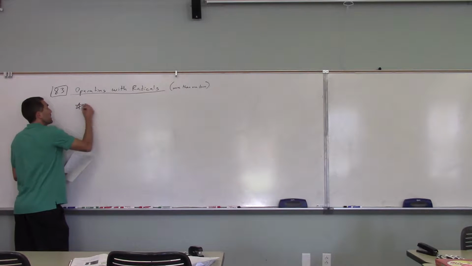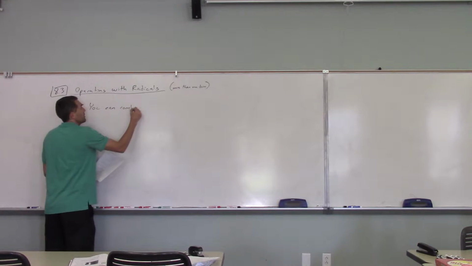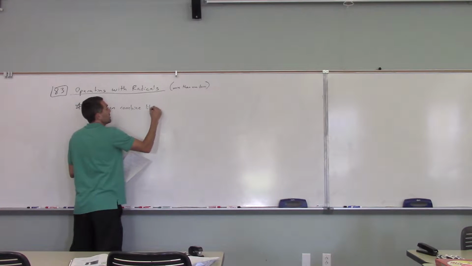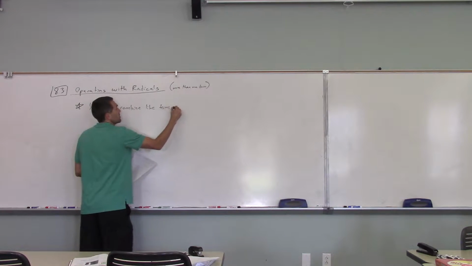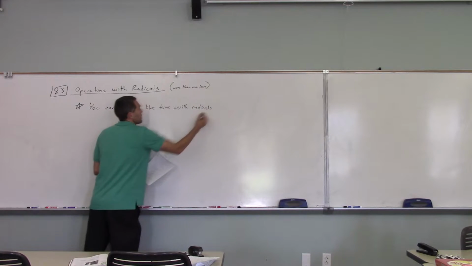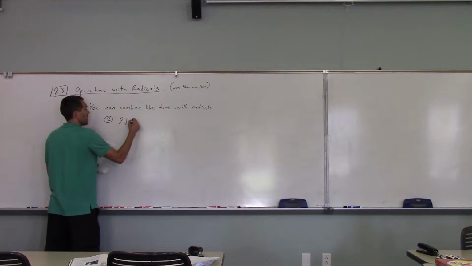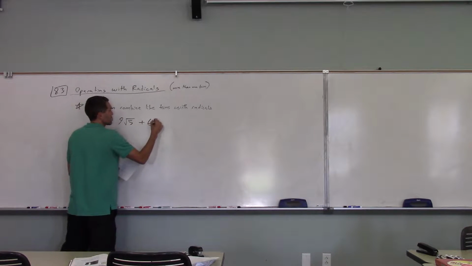And the big idea is you can combine like terms with radicals. So for example, number 2 is 9 root 5 plus 6 root 5.